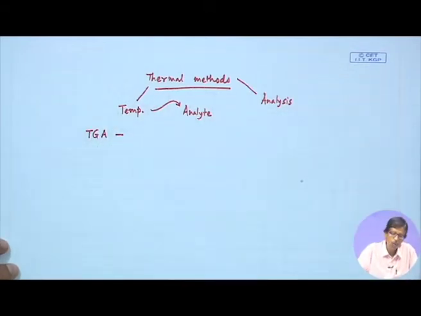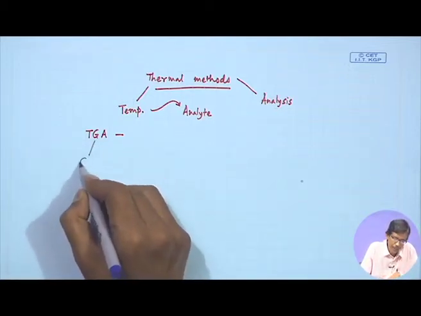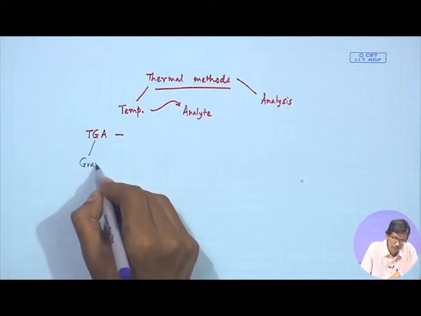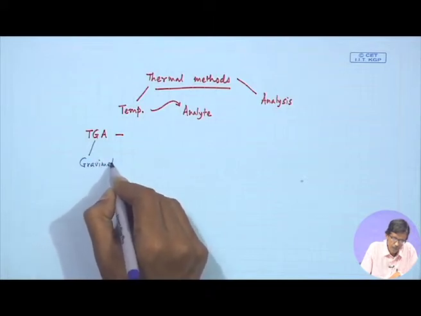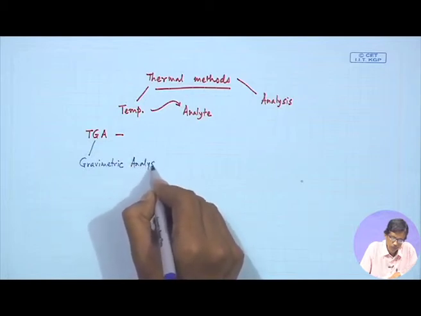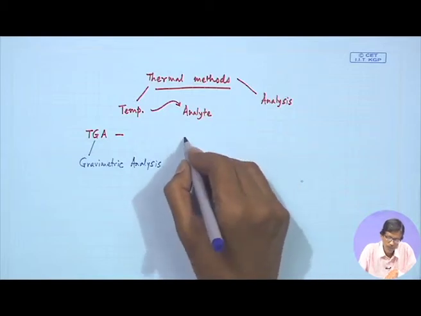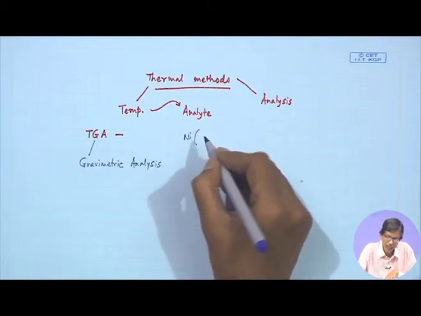As we all know by now, what is a typical gravimetric analysis, and the most well known and well studied example of gravimetric analysis is nickel analysis.